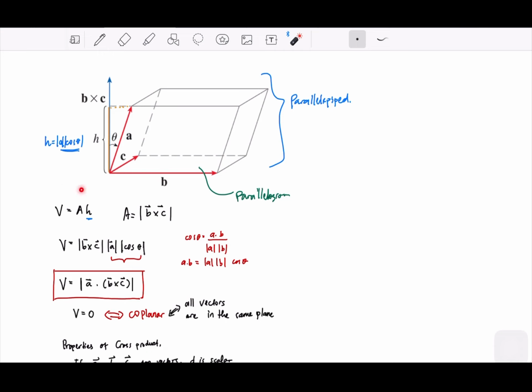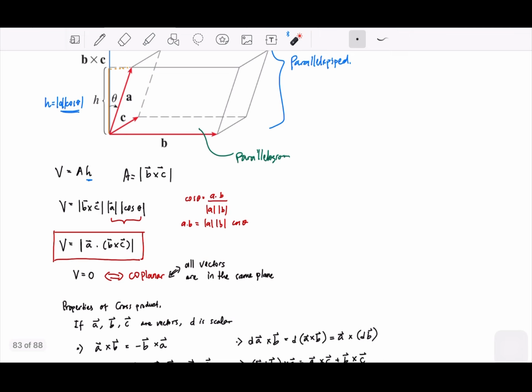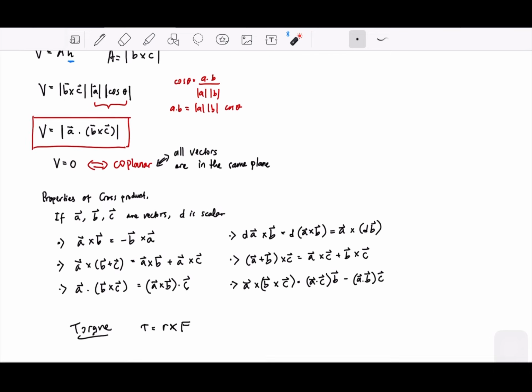We combine the cross product with the dot product. The implication is that if this volume is 0, then all the vectors are in the same plane.